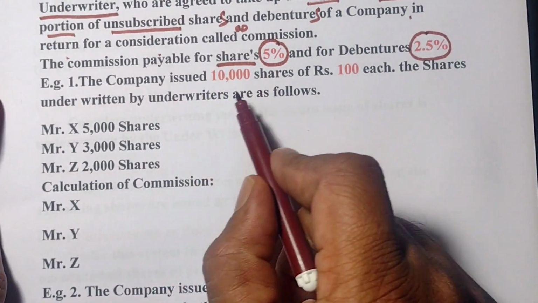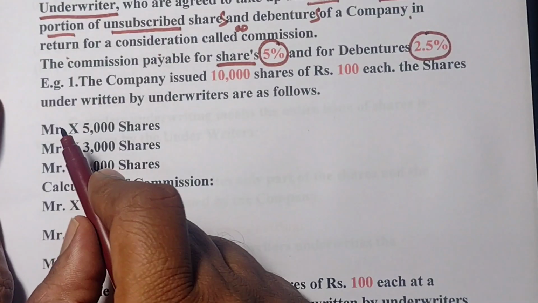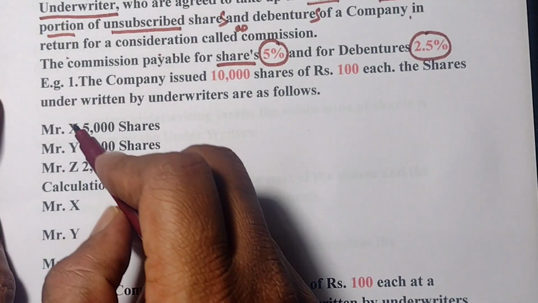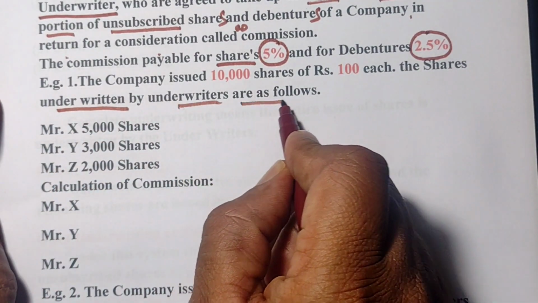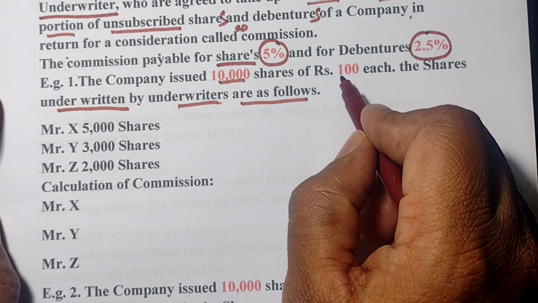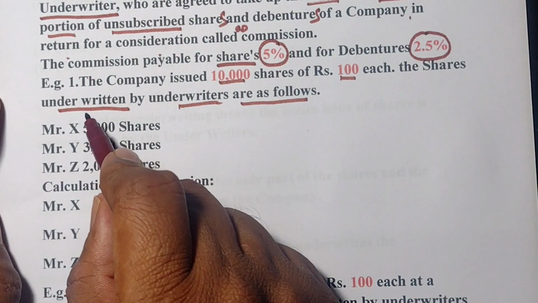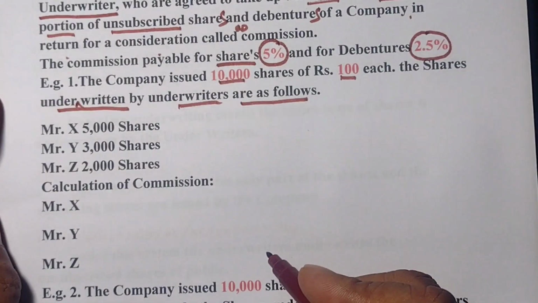Now, let us see one example. The company issued 10,000 shares of ₹100 each. The shares underwritten by the underwriters are as follows.